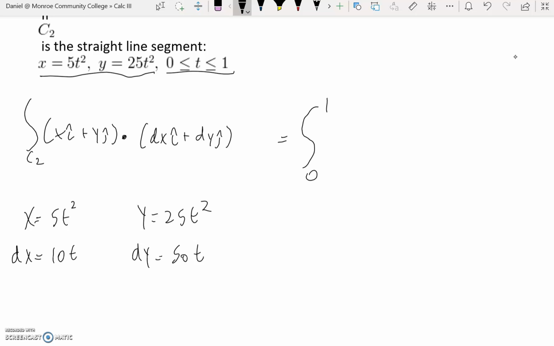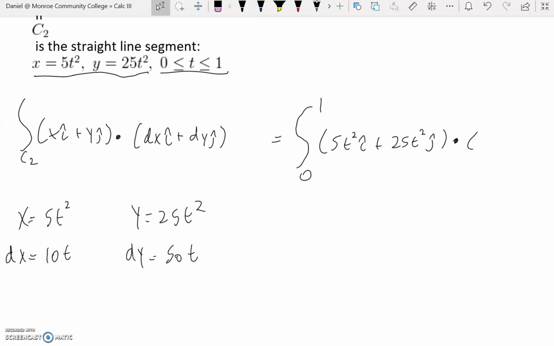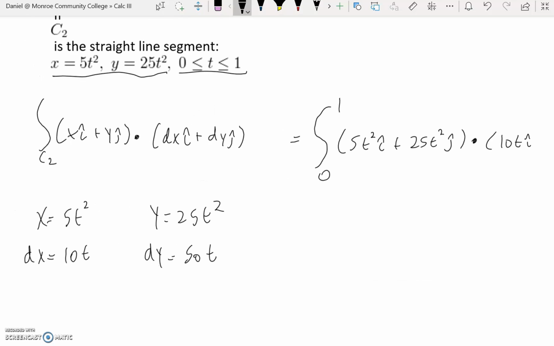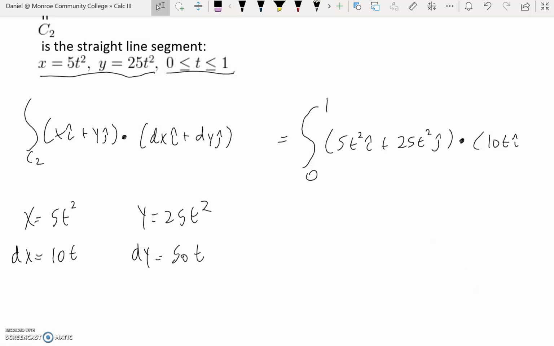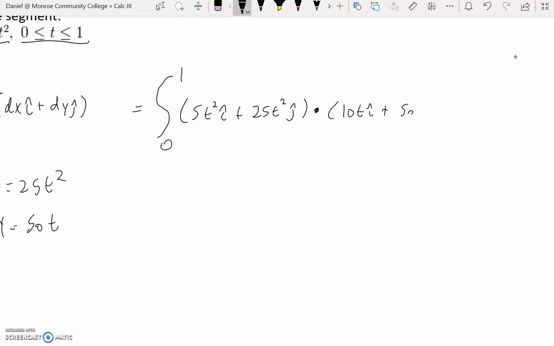This time we go from 0 to 1, and x is now 5t squared i plus 25t squared j, dotted with the dx, which is 10t i, plus our dy, which is 50t.